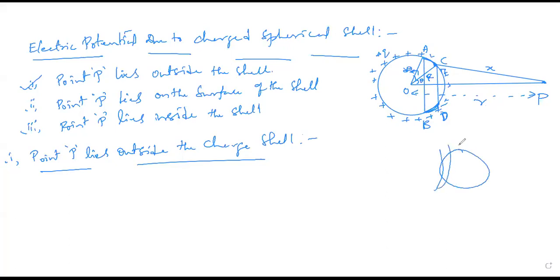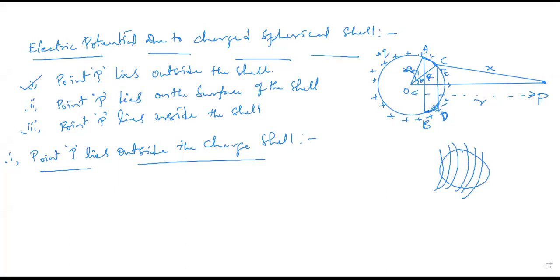I made this into small annular rings like this, small area elements. Here, these two lines, that means the shape A, B, C, D which I have taken, is one such plane, and we have to work it out when the point lies outside. So this is one such ring.